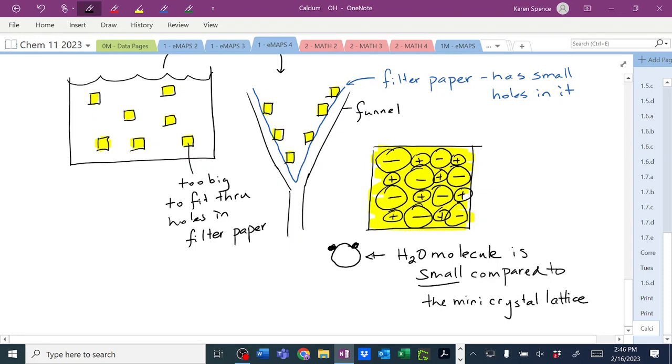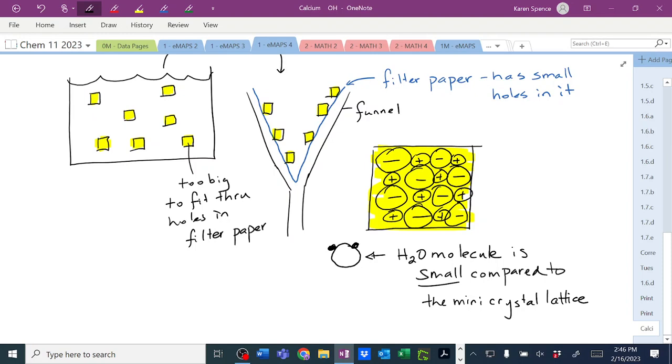So here's our crystal lattice, and remember, it was too big to go through the hole. But if I have a water molecule, I like these to represent water molecules because they kind of look like they have an oxygen and then two little hydrogens sticking off of them. Yes? How about the water molecule? Does it fit through the hole? Yes, it does, because it is much smaller than the crystal lattice. Yes?